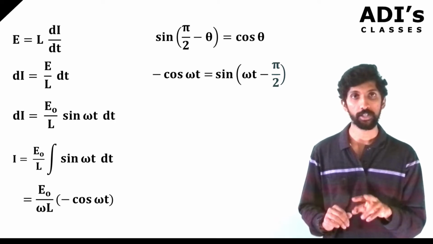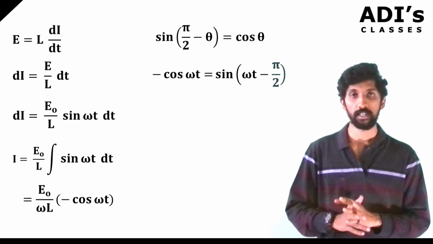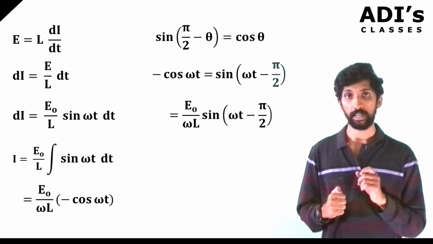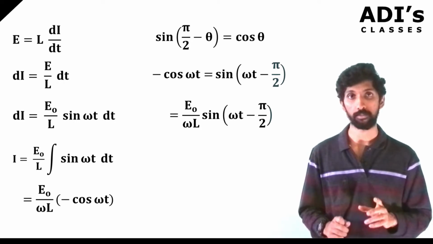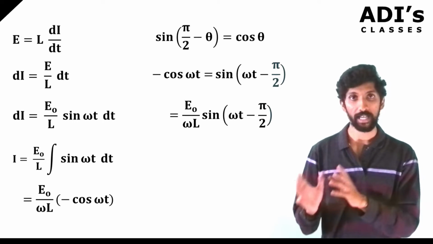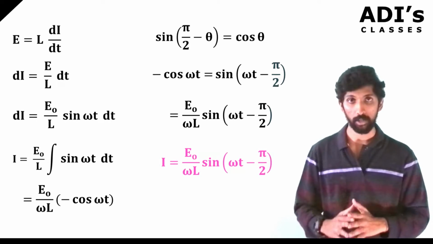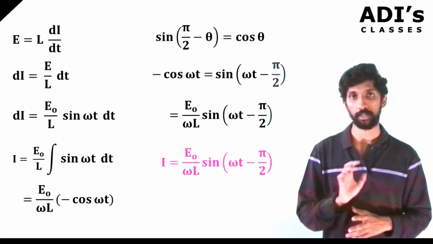So you interchange the 90 and theta. So here what we are writing is I is equal to E naught by omega L sine of omega t minus pi by 2.